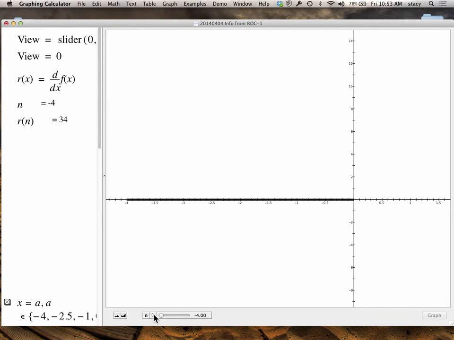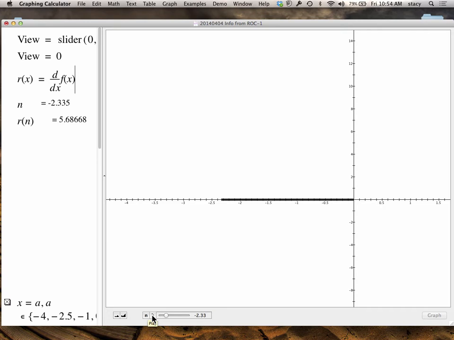I'll do it again. Whoa, too far. So from -4 to -2.5-ish, what did the rate do? It decreased, okay? So the whole time, though, it was positive.